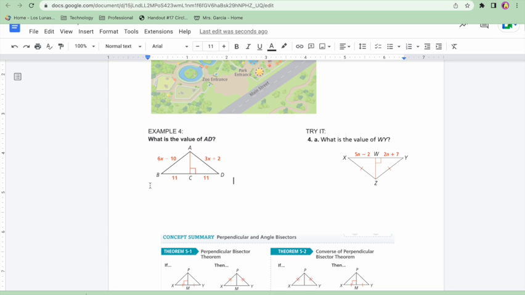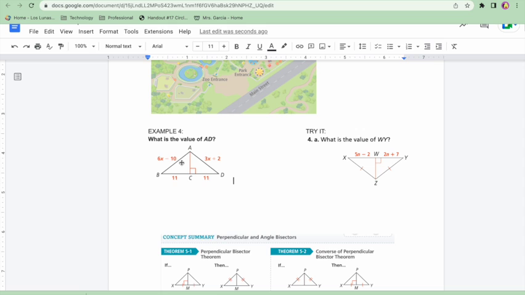So now we're going to look at example 4. What is the value of AD? Well, what we can say is that if AC is the perpendicular bisector of BD, which it is, right? Because we have a right angle and we have these two 11s that are equal. If that's true, then we have side angle side.